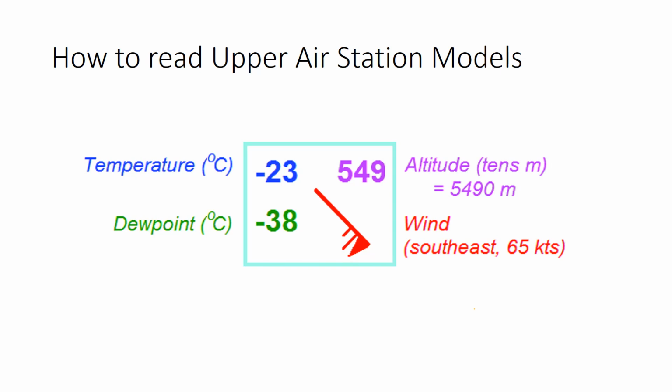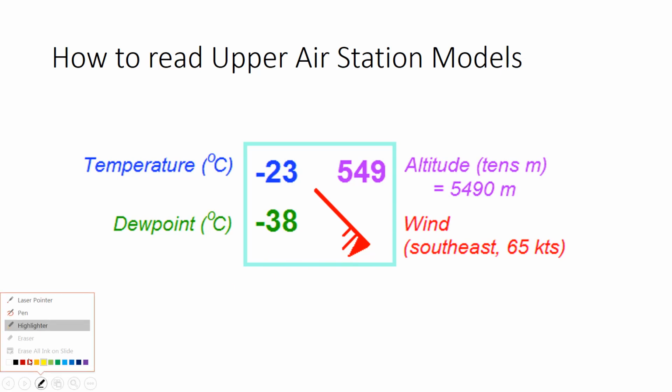And the individual barbs themselves are also the same as on the surface of the Earth. One feather means 5 knots, one long feather means 10 knots. The only thing that might be different is the winds near the surface don't get nearly as strong, and so you might not have yet seen this pennant right here.